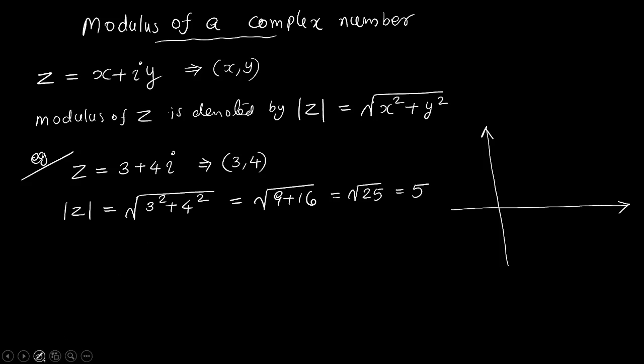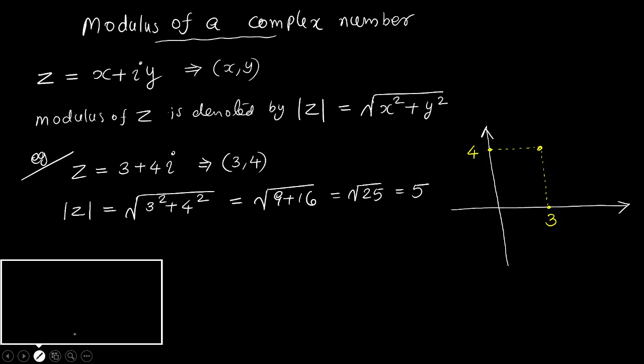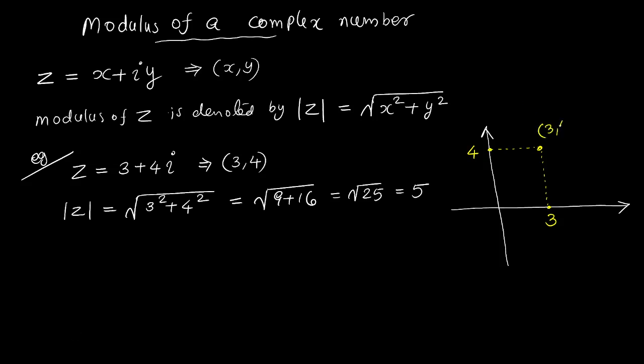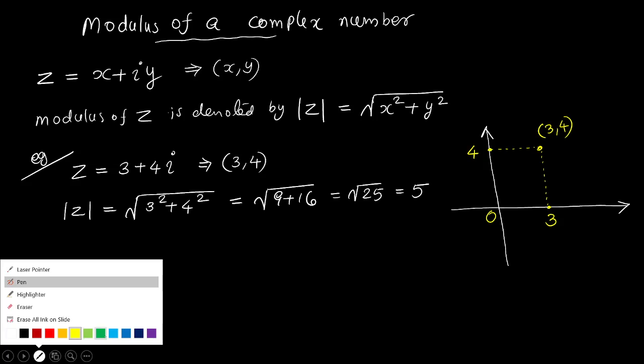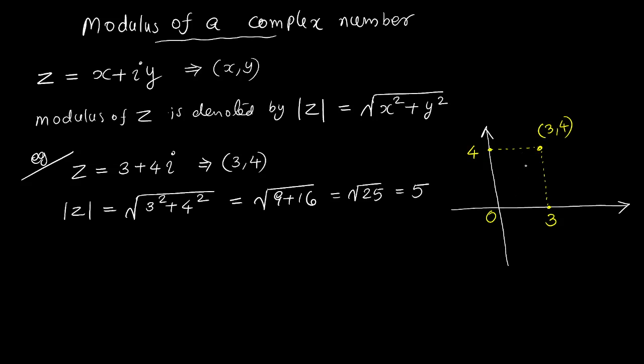So the position of the complex number 3 plus 4i is just 3 comma 4. You mark 3 on the x-axis and 4 on the y-axis. In this way, the complex number 3 plus 4i can be plotted. That is the position of the complex number on a plane. This is the origin. I am discussing the geometrical meaning of modulus.